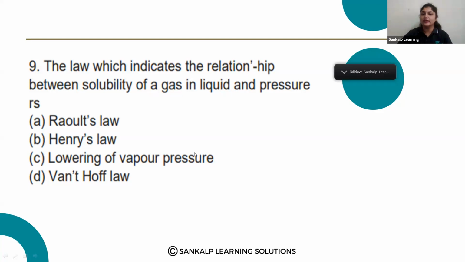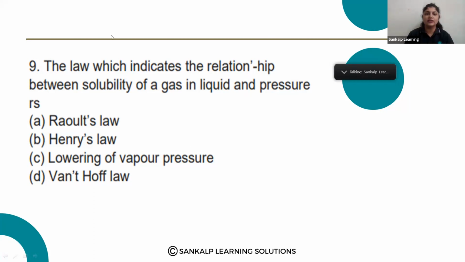So what does Henry's law state? The mass of a gas dissolved per unit volume is nothing but solubility. This solubility of a gas is directly proportional to the pressure of the gas at that temperature.